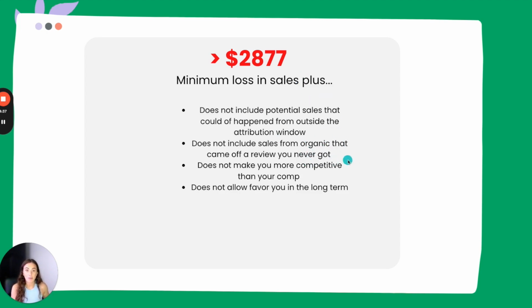You also can't account for, maybe in the previous month, you got a 5-star review that came from an ad purchase, and now you don't have that 5-star review, right? There's an unaccounted for loss of potential sales that you would have made because of that 5-star review.